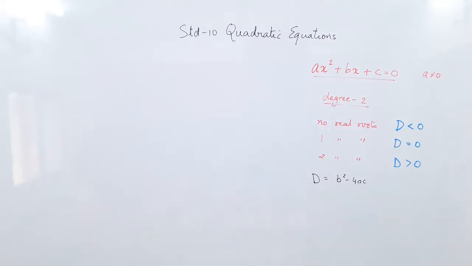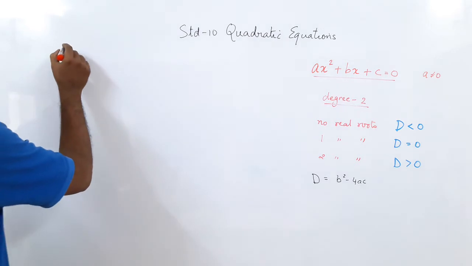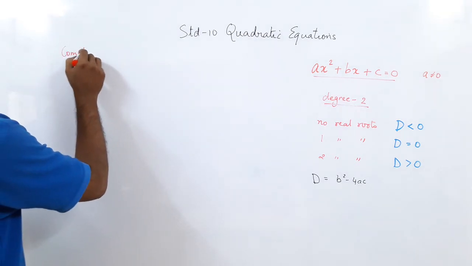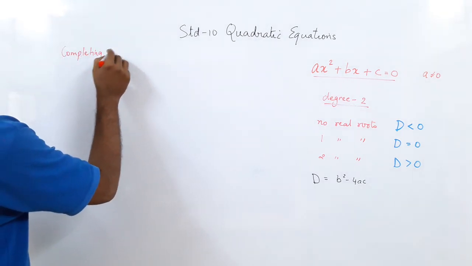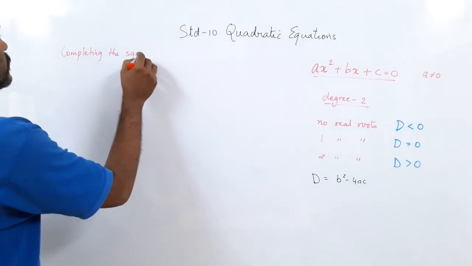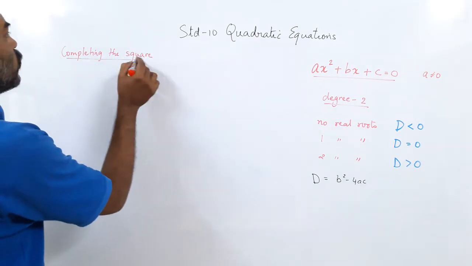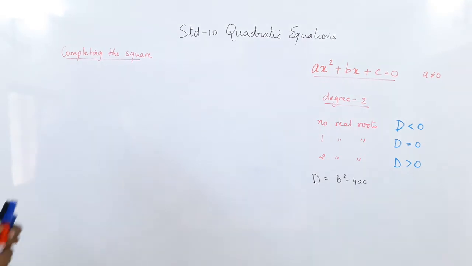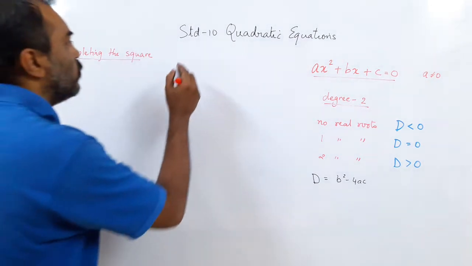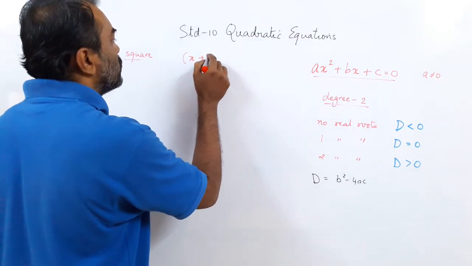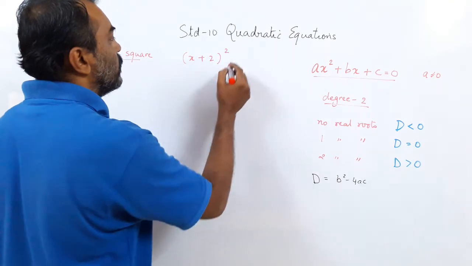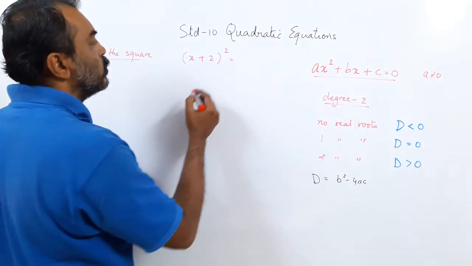Now we go to the method called completing the square. This is one more method to solve quadratic equations. Now let us say we have x plus 2 the whole square. What is a plus b the whole square?